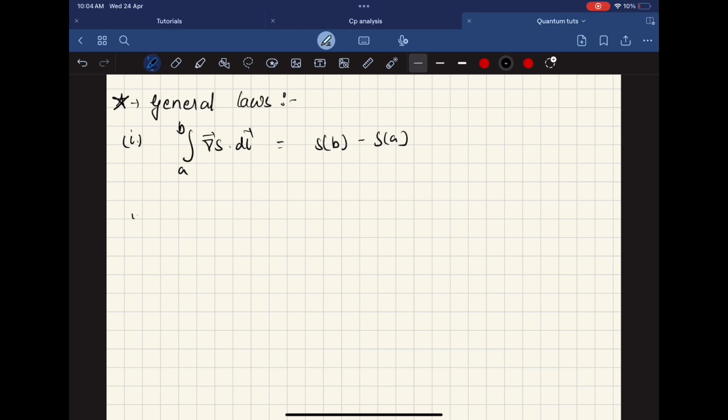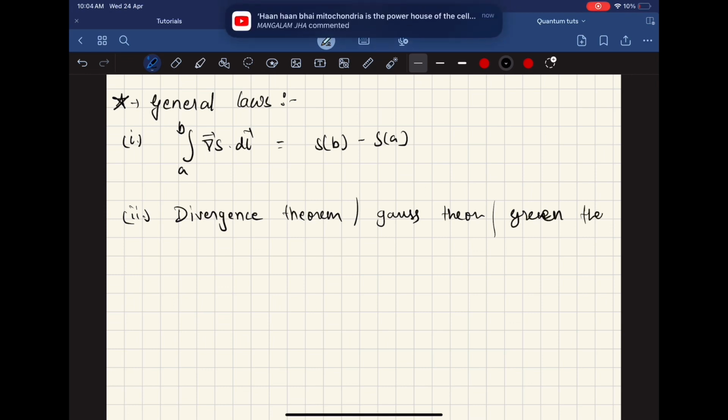The second theorem is called the divergence theorem, or Gauss theorem, also called Green's theorem. Try to remember all three names.